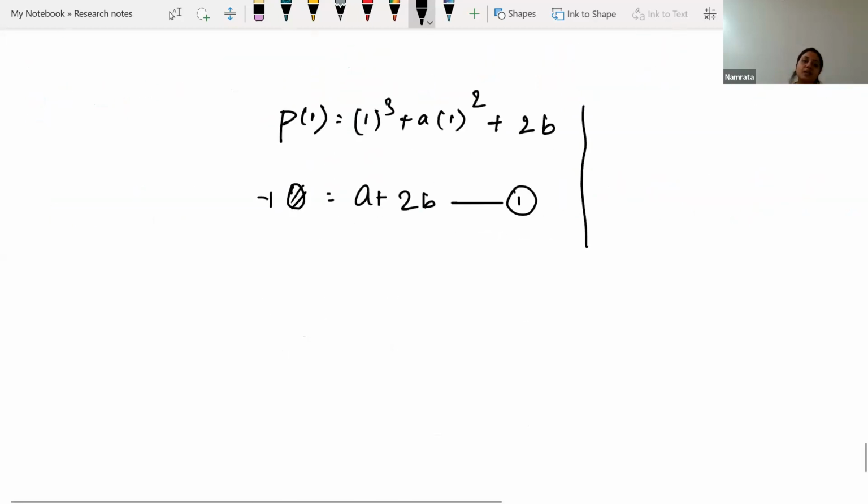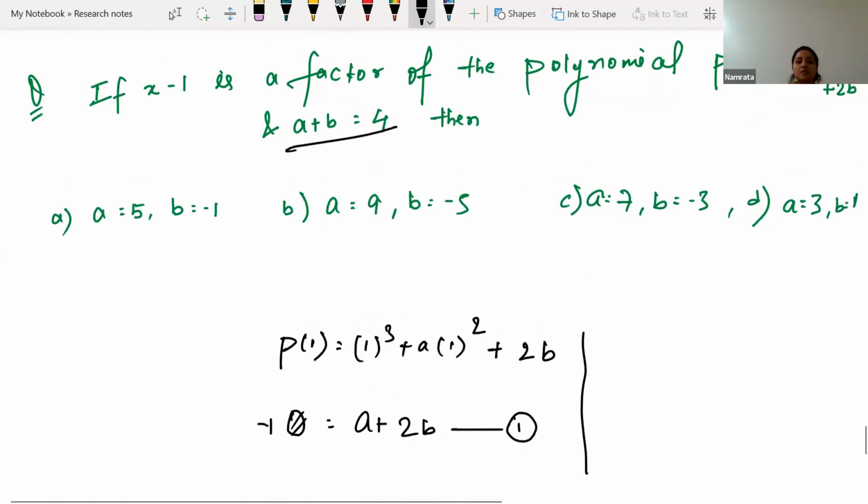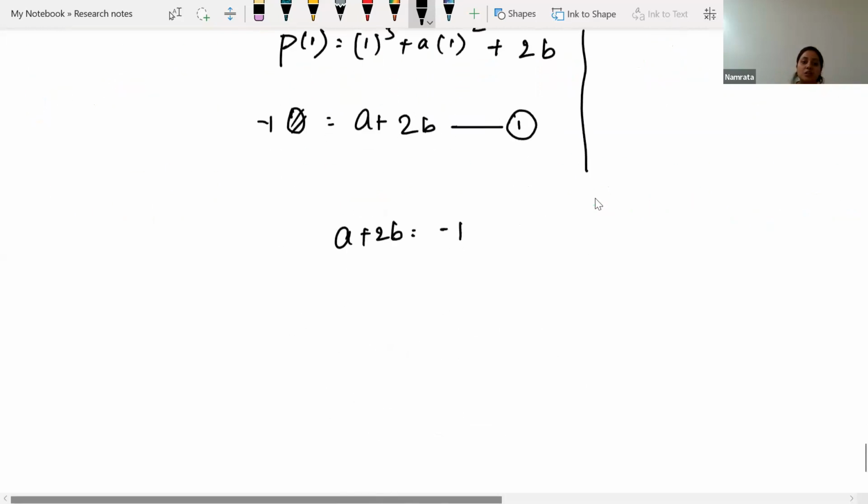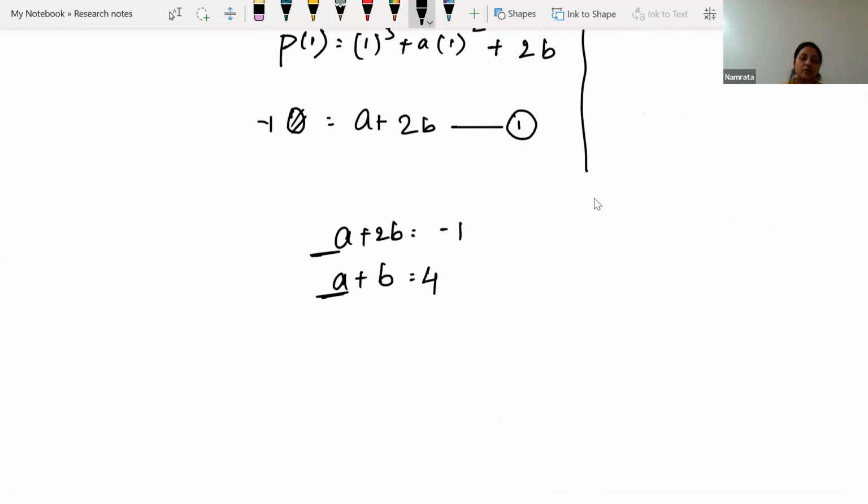Let's solve it quickly by the method of substitution or by the method of elimination. I can see that we can apply the method of elimination easily over here because the coefficient of a is the same in both cases. Here 1 is there, here also 1 is there. So we will be able to eliminate it.